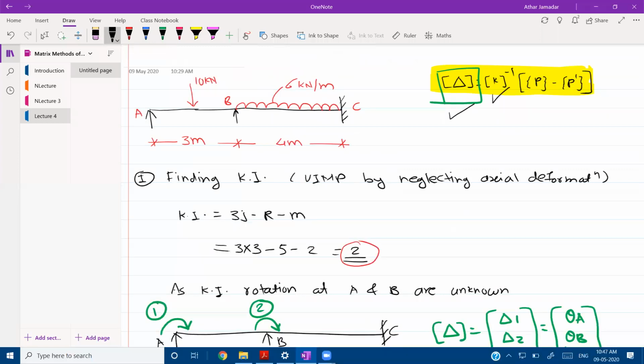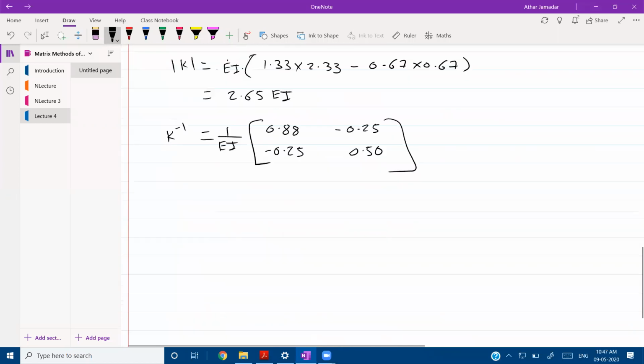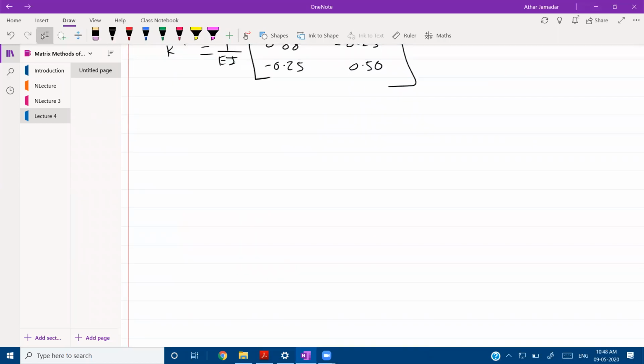Now remaining 2 points are P and P dash vectors. So for that, first thing we have to do is finding out, next step here will be the third step, find FEMs, that is our fixed end moments. So MFAB, here now it will be minus WL by 8.